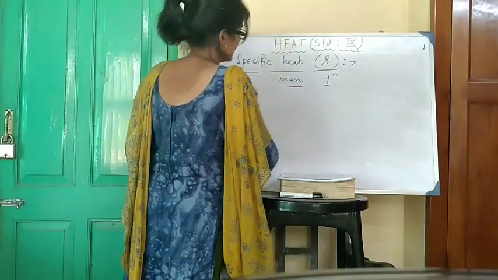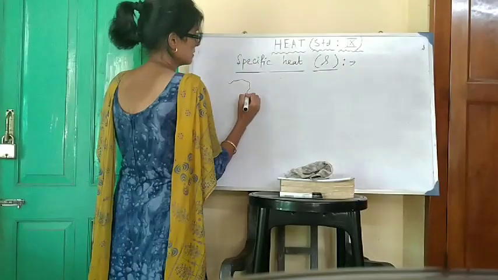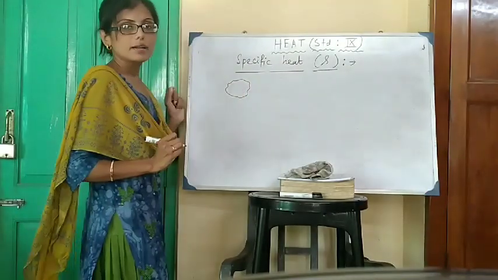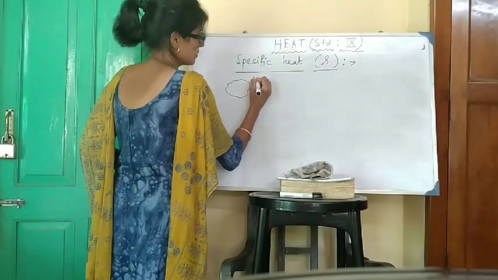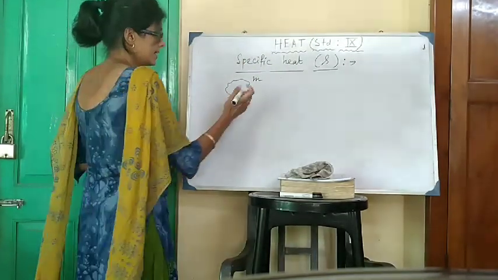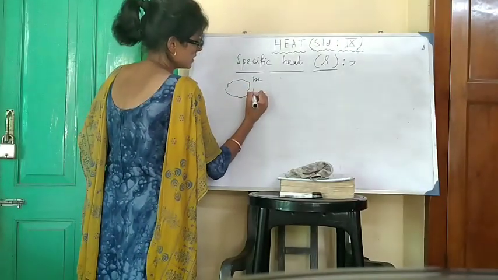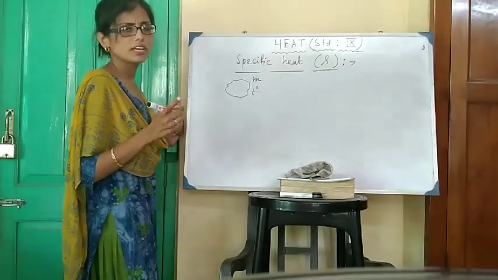Okay, consider an example. Suppose an arbitrary shaped body is taken. The mass of the body is m, an arbitrary mass, we don't know the value, and the increase in temperature of the body is T degree, either T degree centigrade or T Kelvin.